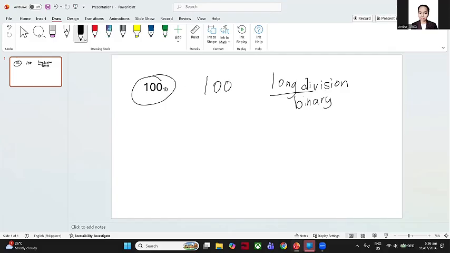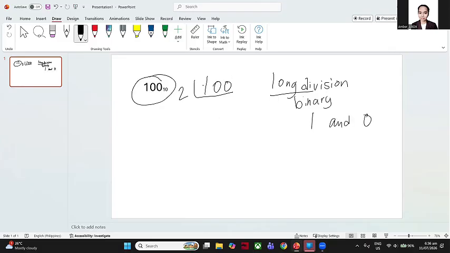Okay, so we have 100, which is the decimal, and we're going to translate it to binary. So let's try. We're going to divide this by 2. Why 2? Because binary has 2 digits, which are 1 and 0.